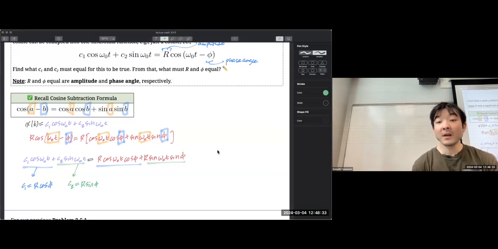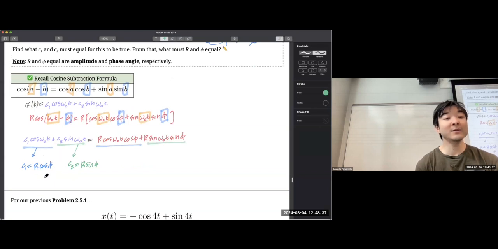And what do you notice? Have you ever seen something equal to R cosine of phi and the other equal to R sine of phi before? What does that remind you of? Polar coordinates, exactly.